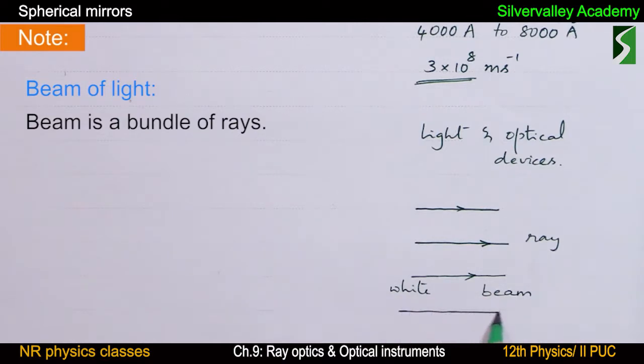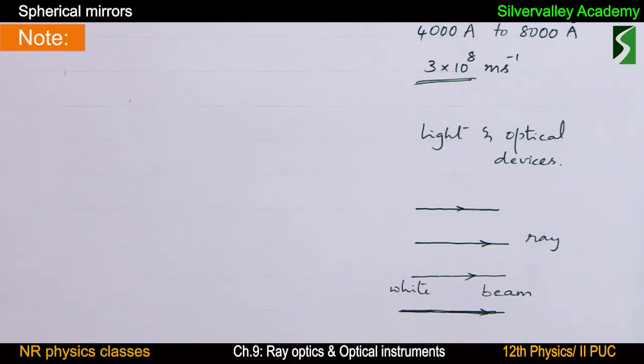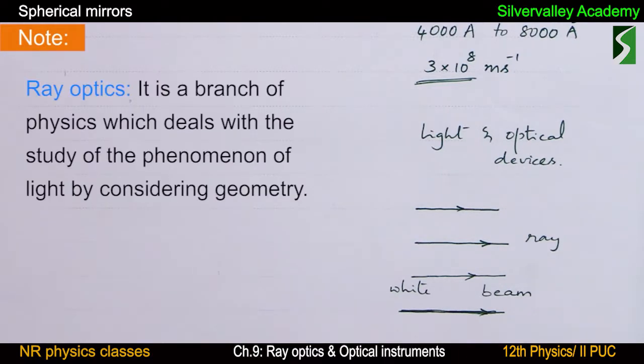If this beam of monochromatic wavelength has number of rays, then call this as beam. Next, ray optics. It's a branch of physics which deals with the study of phenomenon of light by considering geometry. For that reason, ray optics is also called geometrical optics.